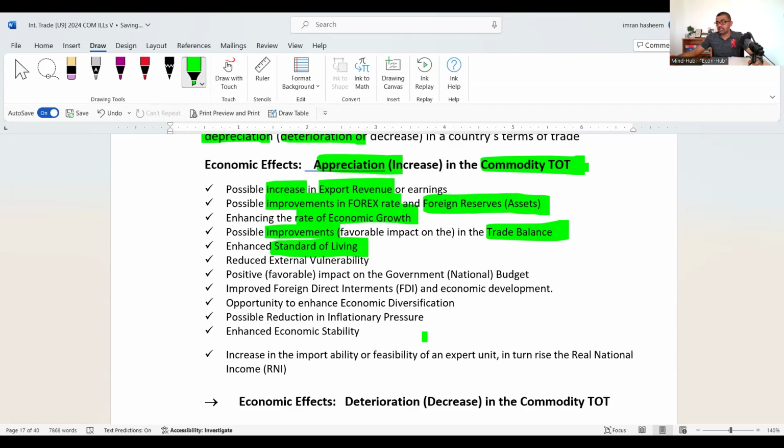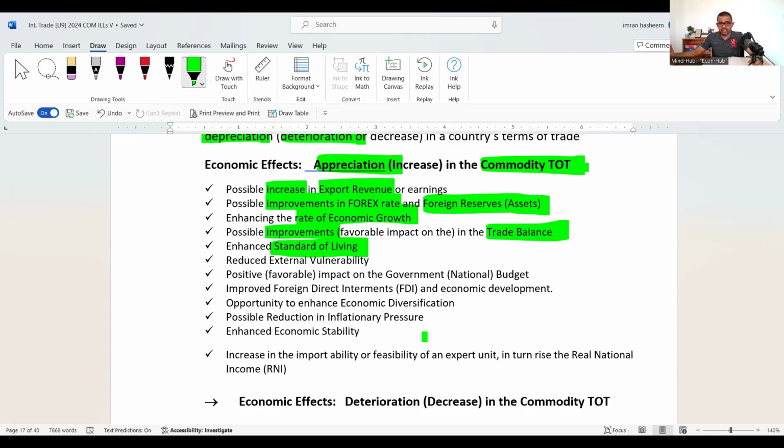Then reduced external vulnerability, because yes, when we engage in international trade, we do depend on imported goods and things like that. But if we can maintain a good terms of trade or improve our terms of trade, that means the benefits we get from international trade are more than the cost of international trade.